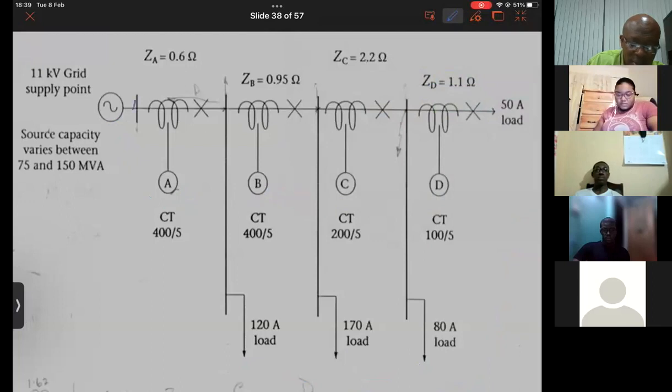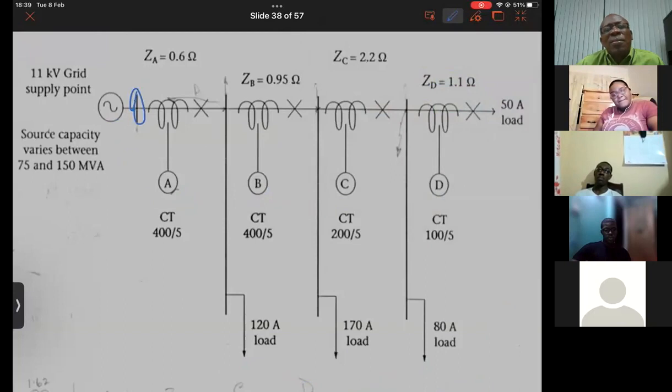Remember, the bus bar represents where the relay really is located, but we can't draw it inside the bus bar, so we show it immediately in front. So if there was a fault right at the bus bar, right in front of the relay, the only reactance between the source and the relay would have been the transformers, which is why we just did that.